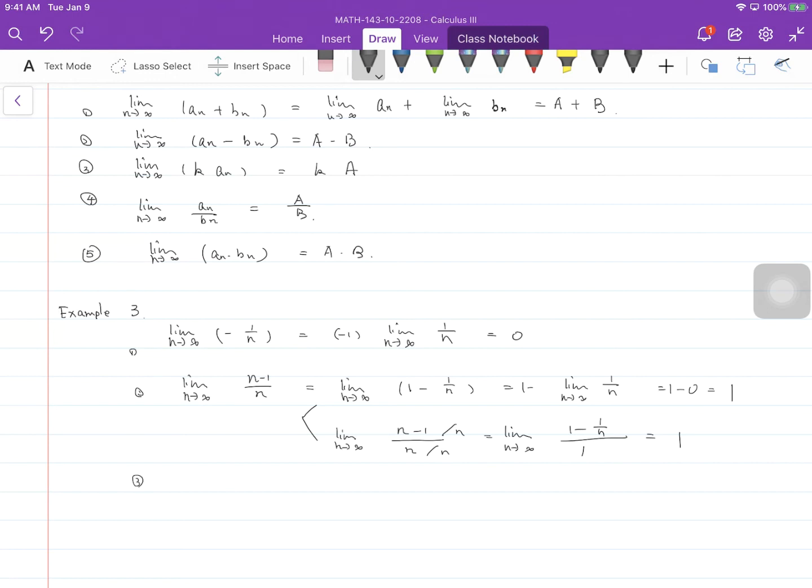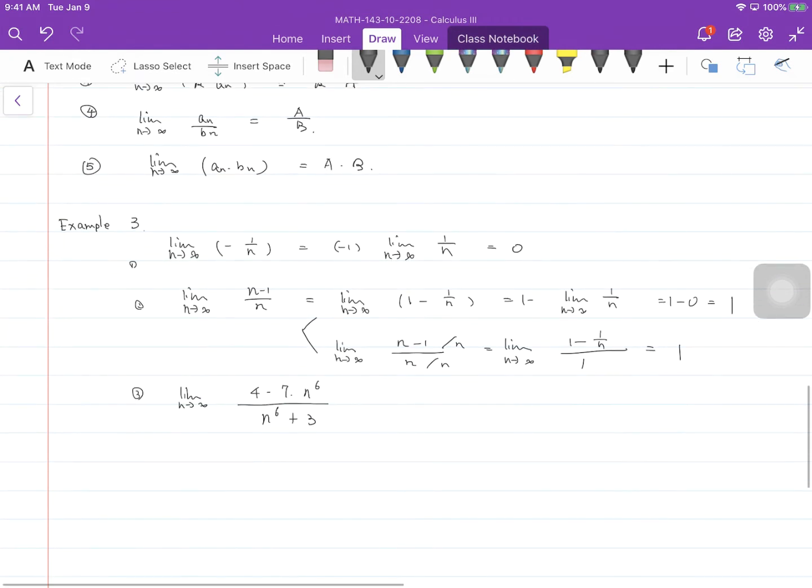Number 3. n goes to infinity, 4 minus 7 n to the 6 over n to the 6 plus 3. Okay, so this is same as what we learned before, like if we have x to the 6, it's similar to the previous problem number 2. So we divide both by n to the 6 and simplify.